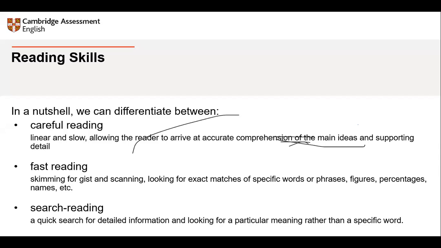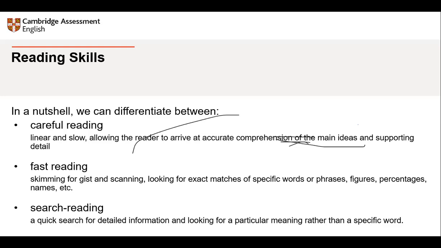It's linear and slow, and you need accurate comprehension of the main ideas. It's like, for example, if you're trying out a new recipe. You have to do a lot of careful reading because every bit of the text will be important for you. You don't want to put twice the amount of salt in your dish, right? So you have to pay close attention.